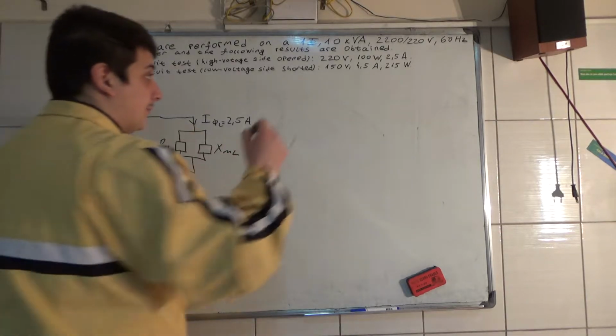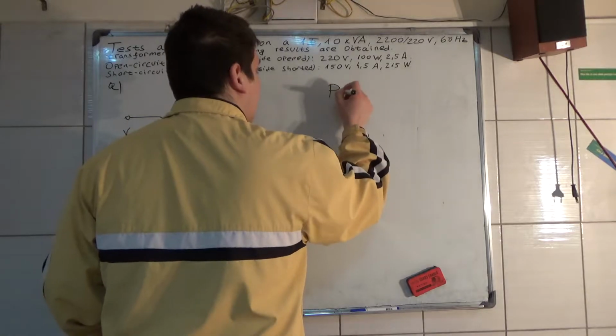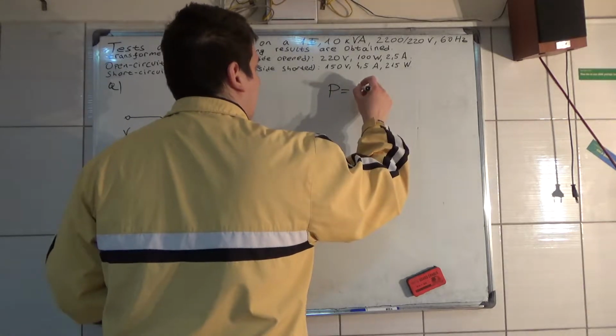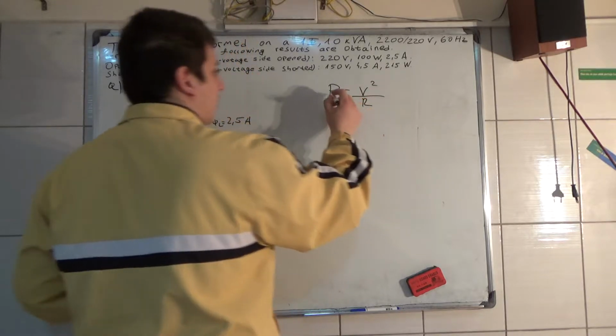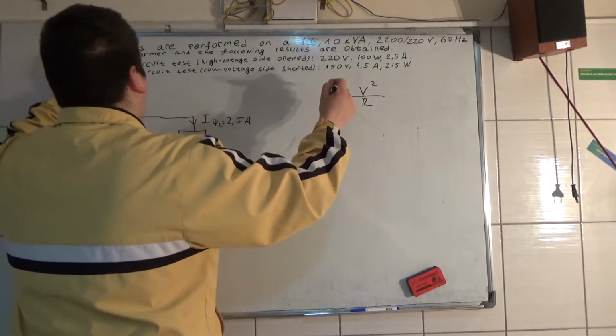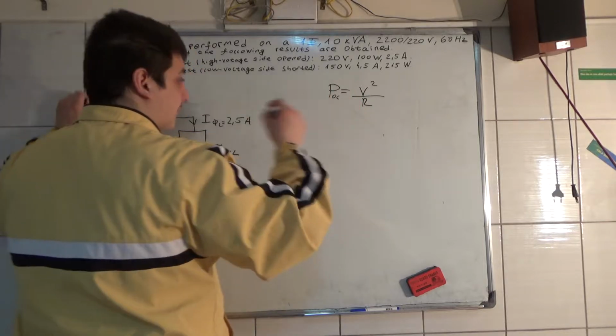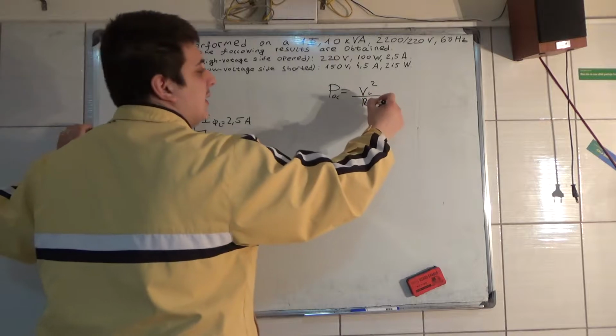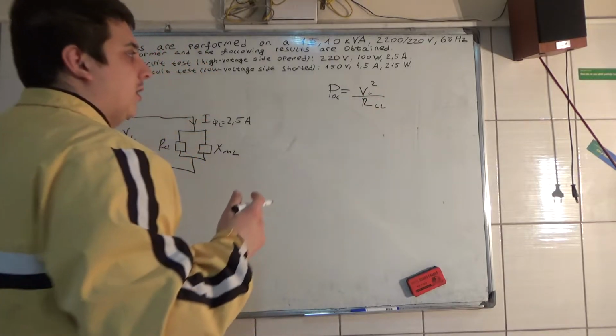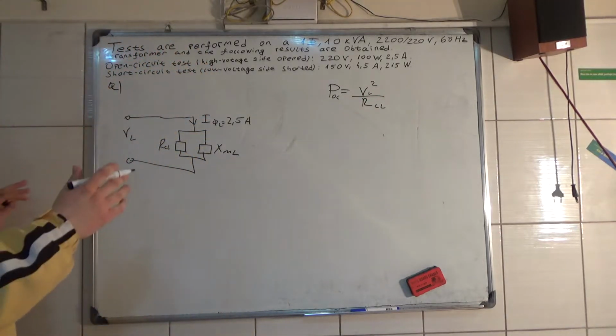So now you know that P is equal to voltage squared divided by R. So this is the open circuit wattmeter reading, this is the low voltage, and this is the core loss on the low voltage side.